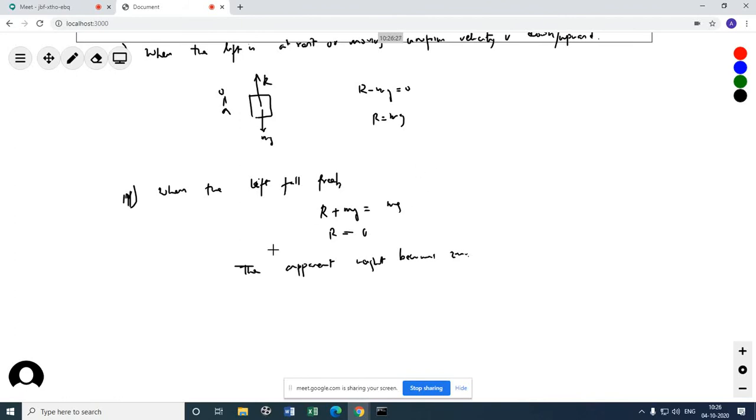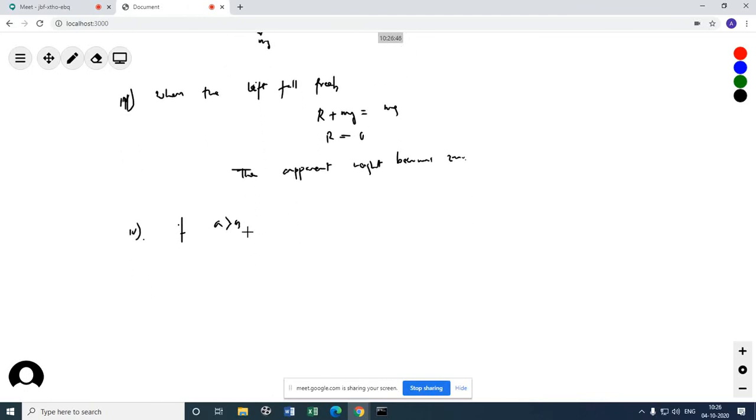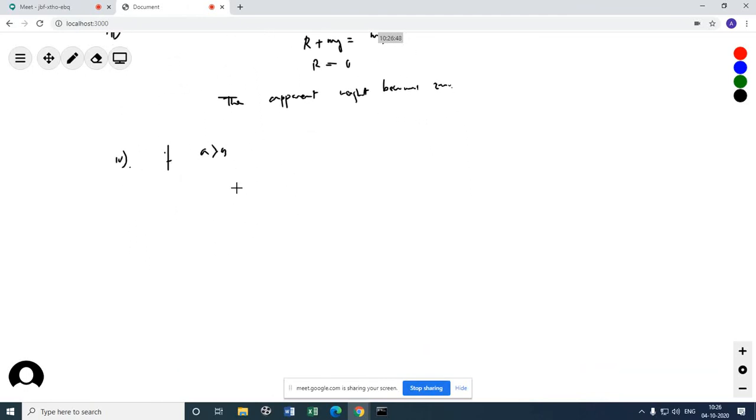Now what will happen if acceleration a is greater than g, then the lift snaps and breaks. The acceleration is greater than g, then what will happen? You are inside the lift.